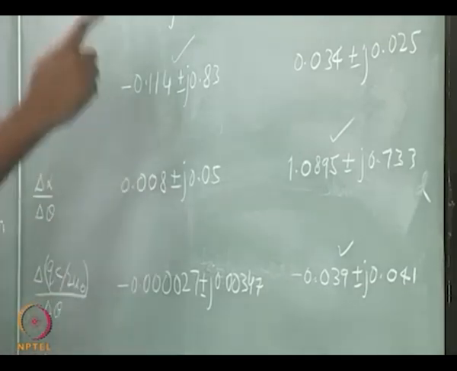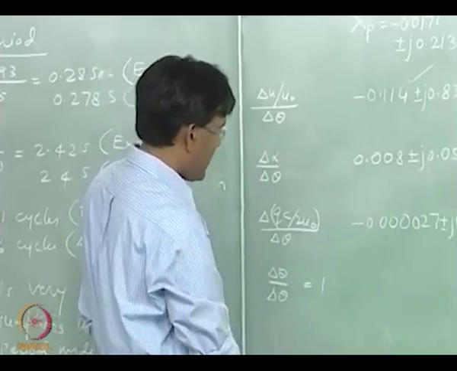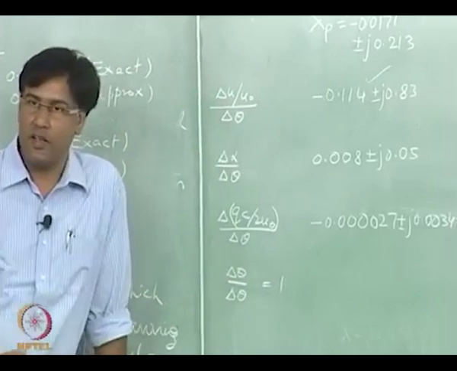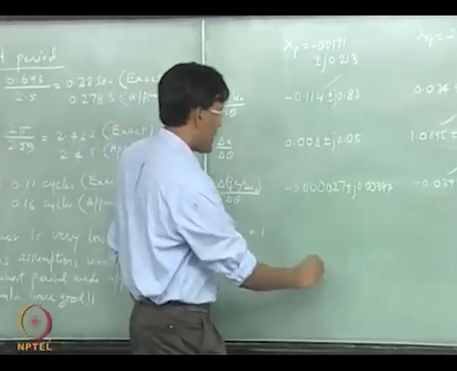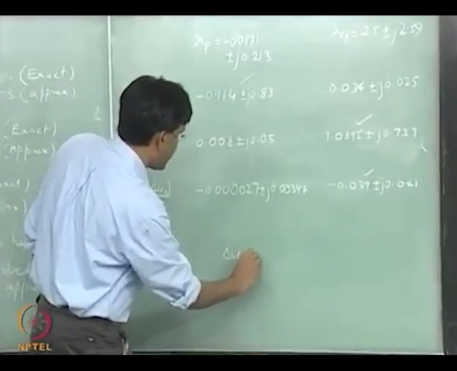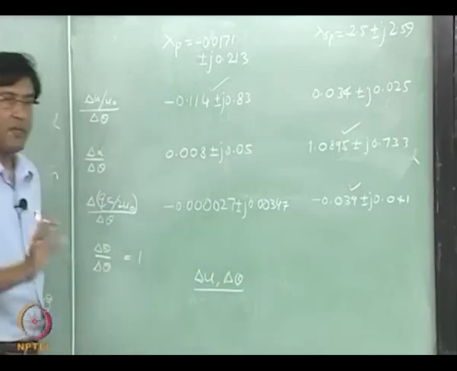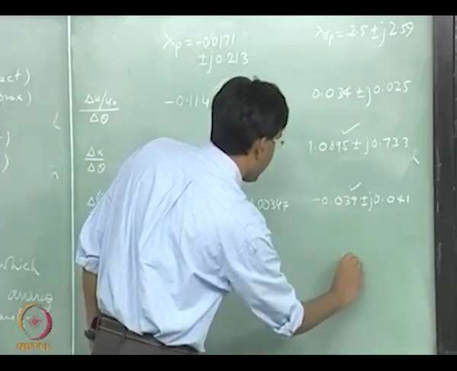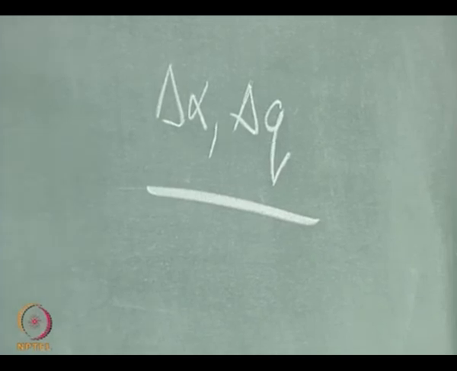In this column, the eigenvector corresponding to the phugoid mode eigenvalue, you see the magnitudes of delta u and delta theta are large, and that was the reason why we kept delta u and delta theta as important variables in the phugoid mode. And here delta alpha and delta q.